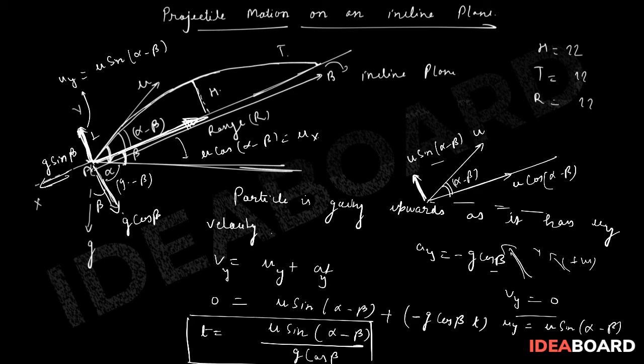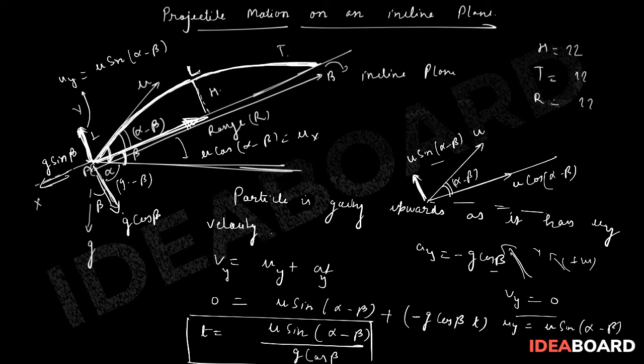That is going to be the value of t. But this is not your time of flight, because this is just the time in reaching up to the highest point, so this is just half of the value. Then the particle has to come back also, so that time should also be there.